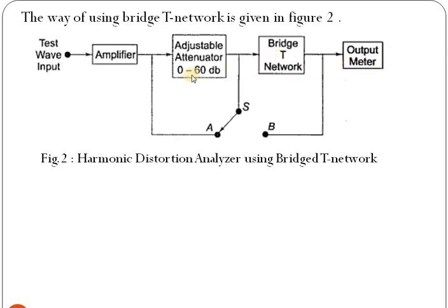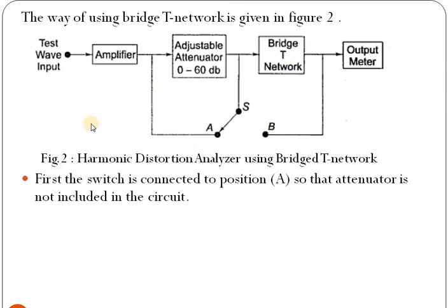In this way, first of all the signals are attenuated by switching the position S to B, and later whenever we switch to A, the fundamental frequency is suppressed and the remaining harmonic components are sent to the output meter. This is the application of the bridge T network. Now we get this complete explanation in the next one. So now consider here the switch is connected to position A.